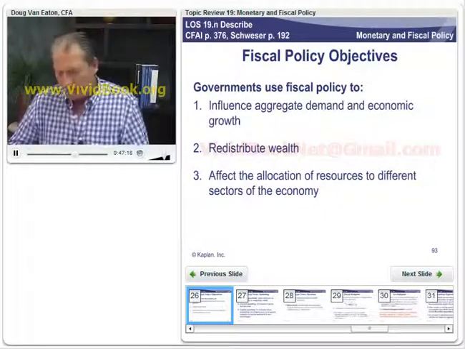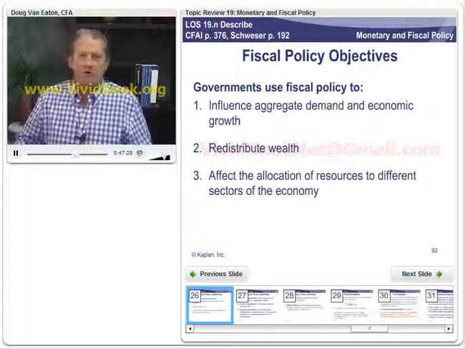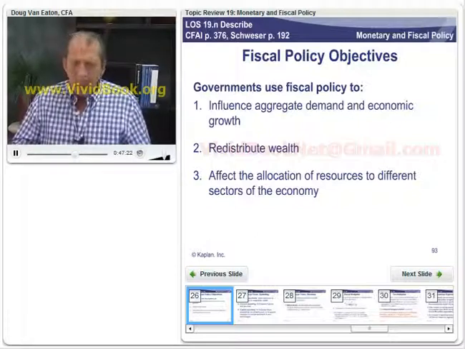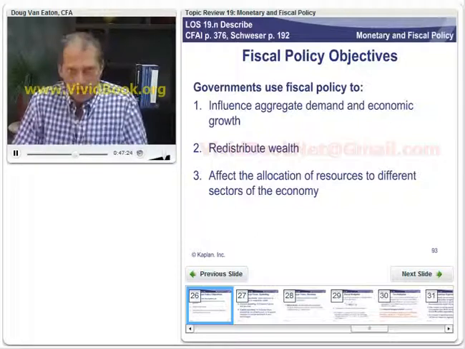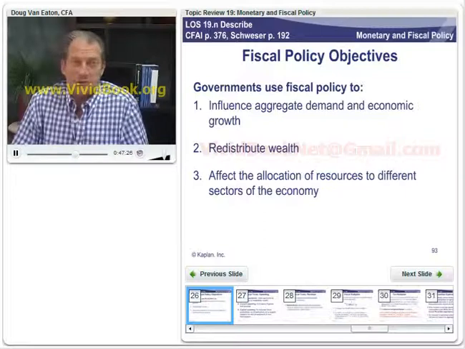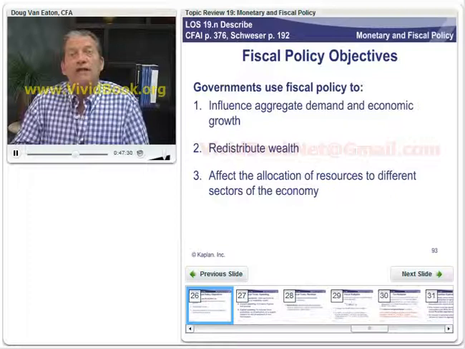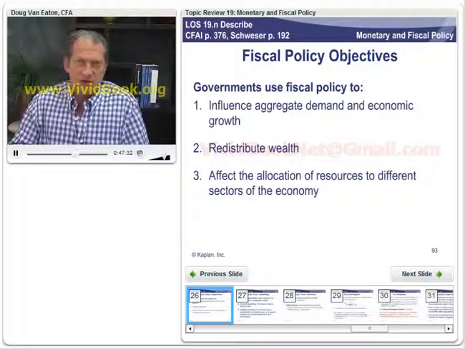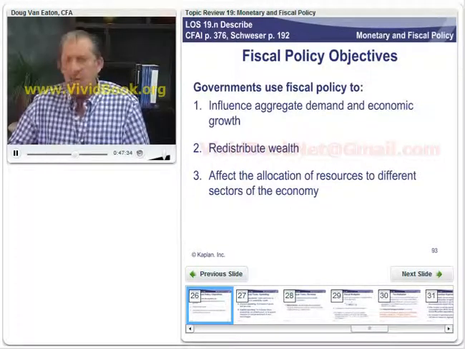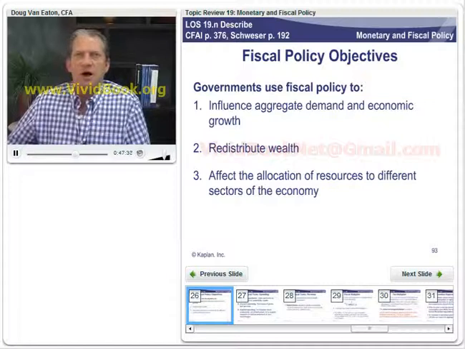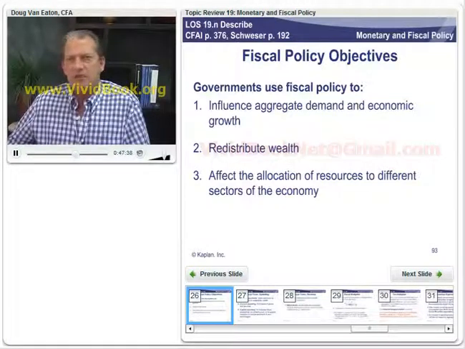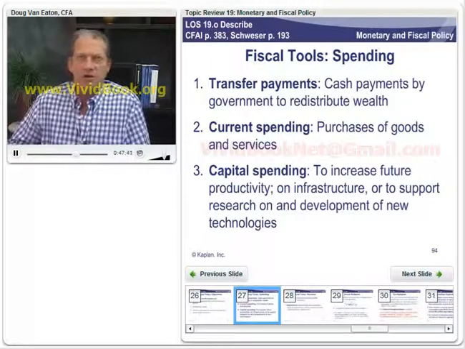And that's where governments really get wild and start mandating that I put ethanol in my car and subsidizing the production of ethanol. They want to affect the allocation of resources there. So these are the three uses of fiscal policy. And as you might suspect, it's often political.